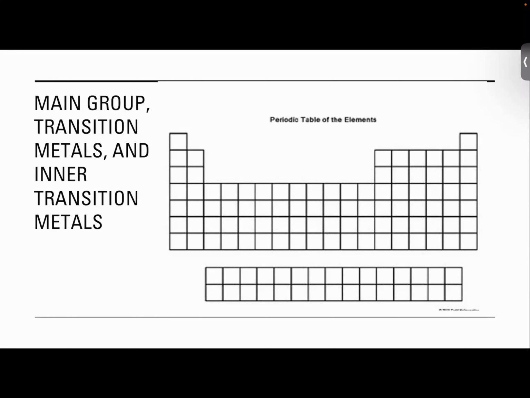Groups 3 through 12 are known as your transition metals. Your transition metals' outermost electron is going to be in l equals 2, or in other words, d subshells.